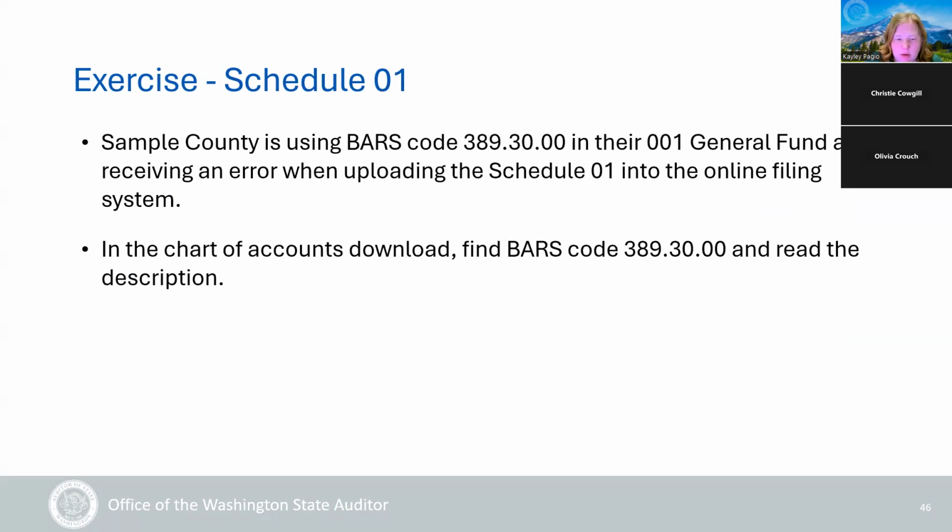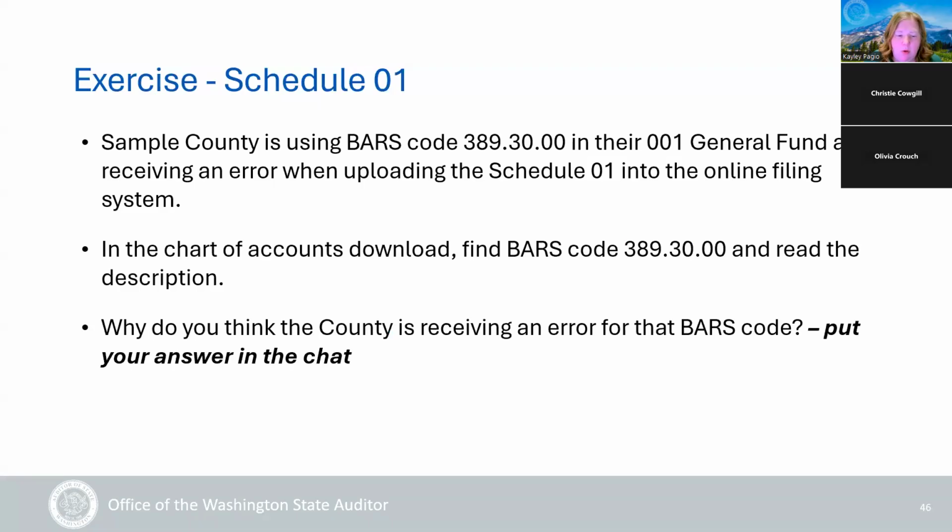So in the chart of accounts that you just downloaded, find BARS code 38930 and read the description. Based on that description of the BARS code 38930, why do you think the county is receiving an error for that BARS code? And go ahead and put your answer into the chat. I'll give everyone a minute to read that description and then put your answer into the chat.